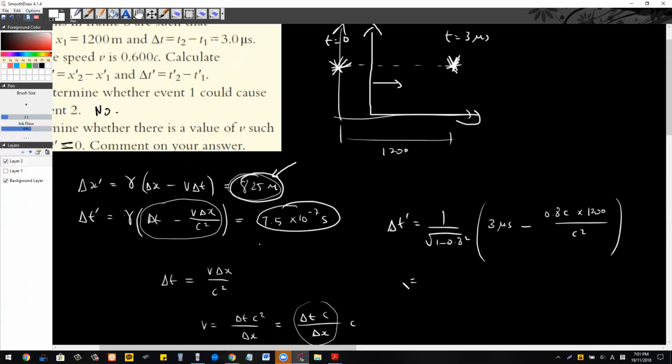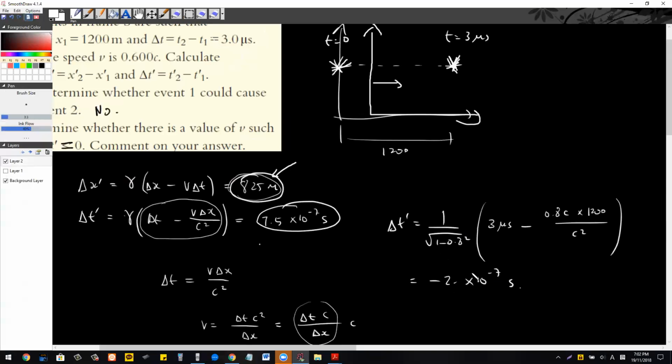Okay, 0.8 equals 3 times 10 to the power of 8. This gives me negative 2.72 times 10 to the power of negative 7 seconds.